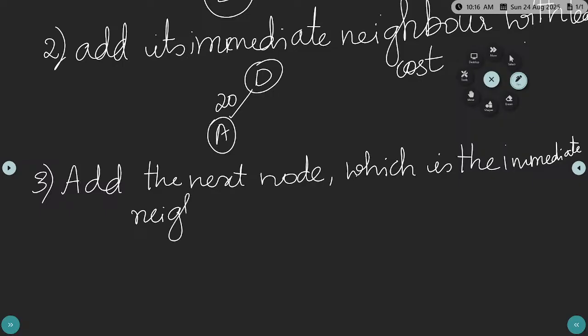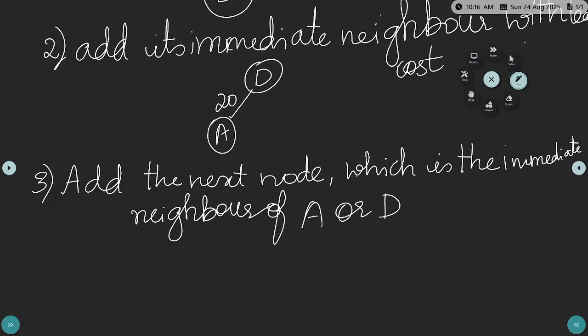I should find everyone writing it. Which is the immediate neighbor of A or D? A or D, write it.